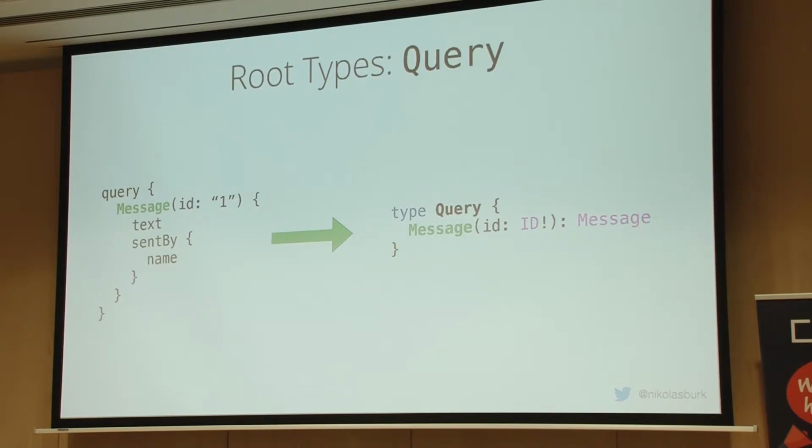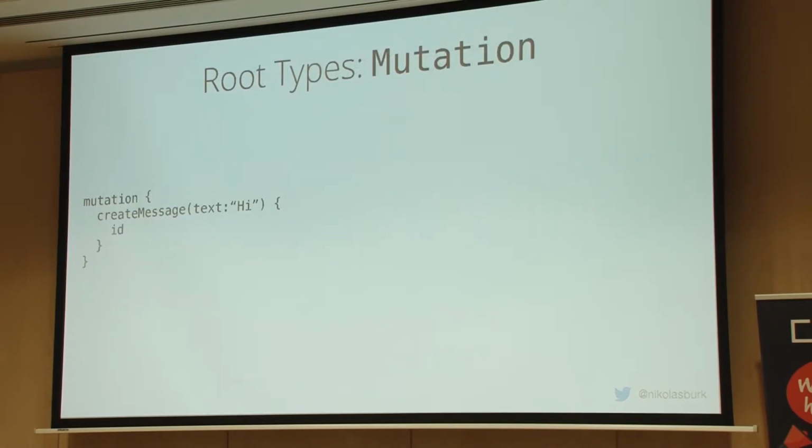If we wanted to add the capability to ask for all the messages which we currently have in the backend, we could define a query that looks like this with all messages. And again, this would mean that we have to add the all messages field to the query type in our schema. And we have exactly the same situation for mutations.